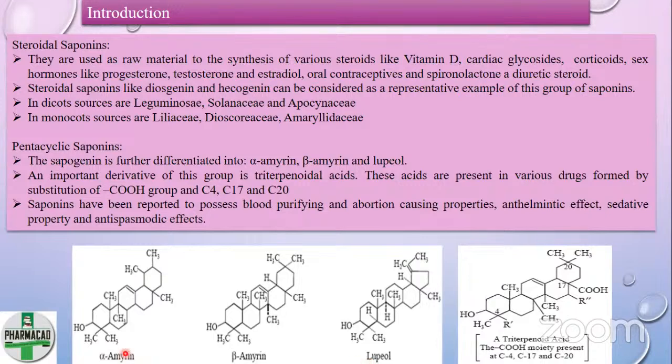An important derivative of this group is triterpenoidal acid. Why are we calling them triterpenoidal saponins? That should be the first question. We have seen that triterpenoids are something that will have C30 carbon atoms.